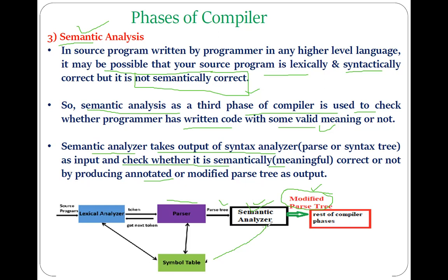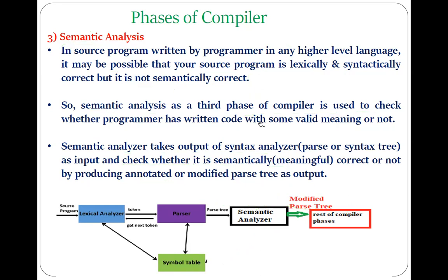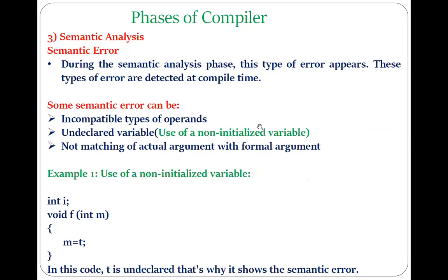During the semantic analysis, the semantic analyzer also has to take the help of the symbol table to get information related to the different kinds of symbols, their type, name, etc. Whatever output is generated by the semantic analyzer is given as input to the next phase of the compiler, which we'll see when you finish the semantic analysis.